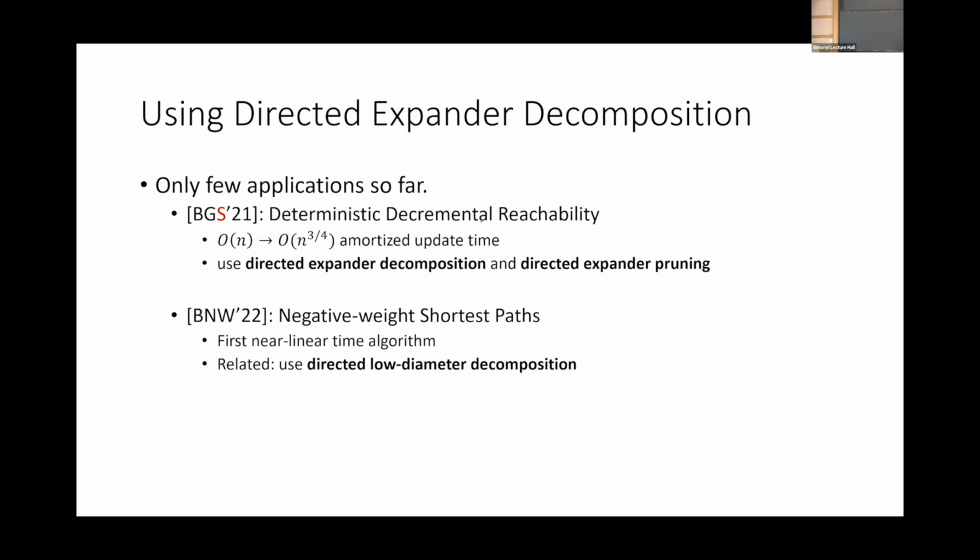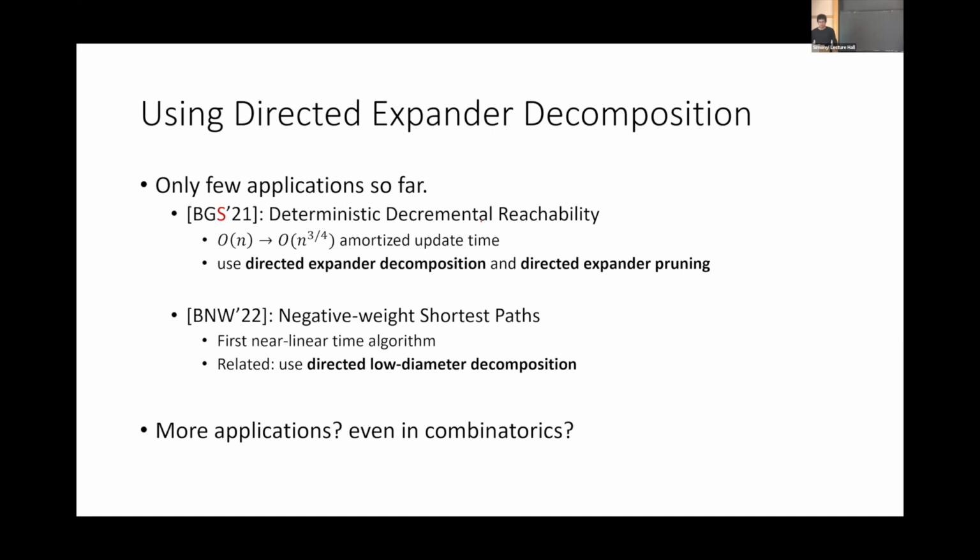Just last year, Bernstein, Nanongkai, and Wulff-Nilsen showed the first near-linear time algorithm. The key object in this algorithm is called directed low diameter decomposition, which is closely related to the directed expander decomposition I just showed. Happy to talk more about this.